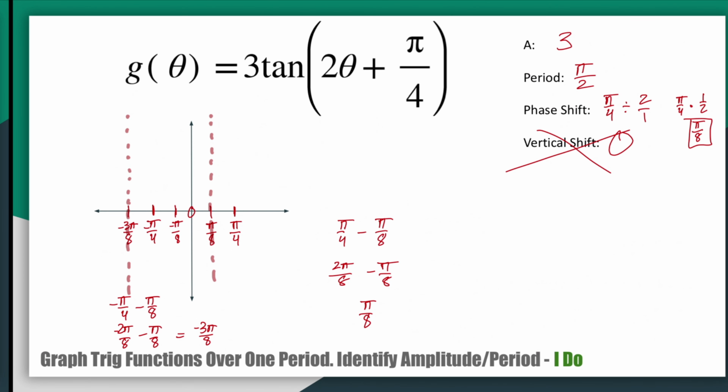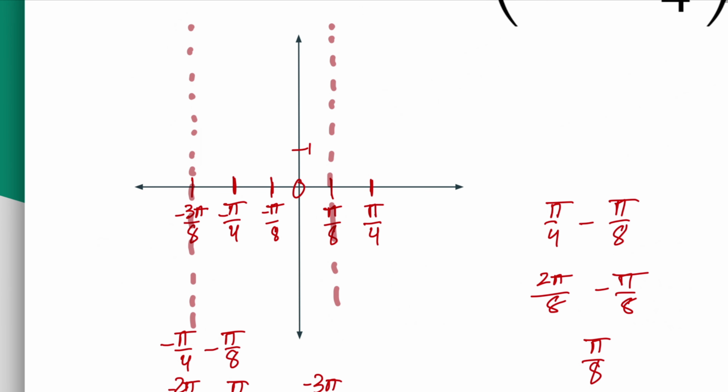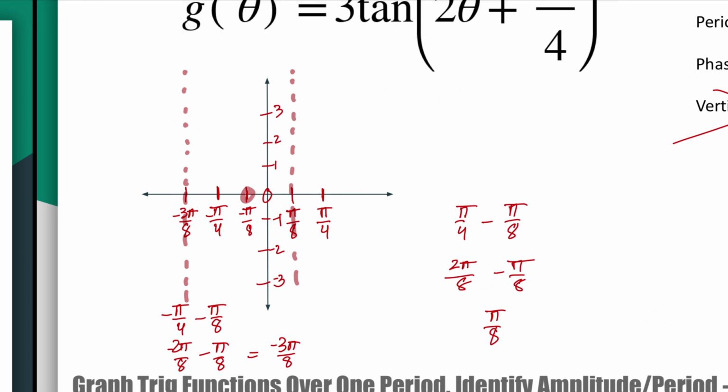We have an amplitude of 3, so that means we are going to go all the way up to 3, so 1, 2, 3, and down to negative 1, negative 2, and negative 3. We start at the center at 0. Let's do a different color.